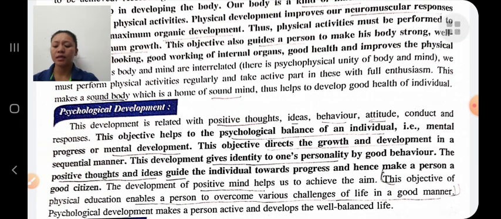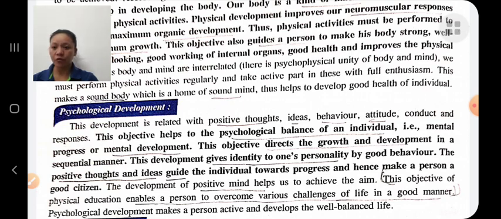Psychological development means development of positive thought, ideas, and behaviors in an individual. Psychological development helps an individual to maintain a balance in his mind. It helps to keep his mind balanced. It directs growth and development in a sequential manner.